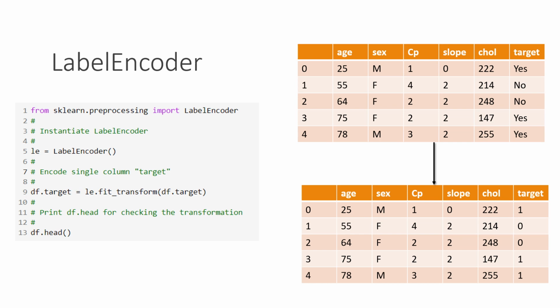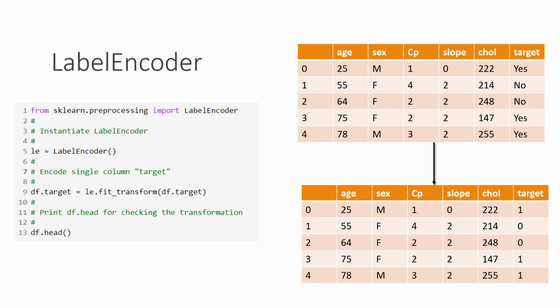The encoded labels are then assigned back to the target column of the data frame. Finally, the head method is called on the data frame to display the first few rows of the encoded data frame. This allows us to see the transformed data and verify the label encoding has been applied correctly.